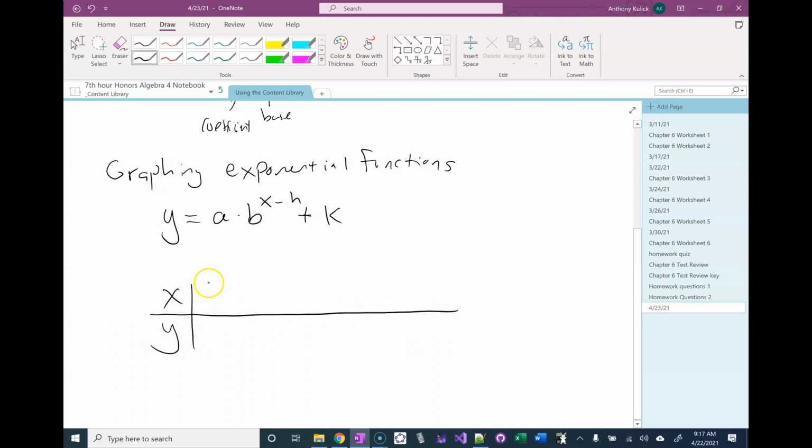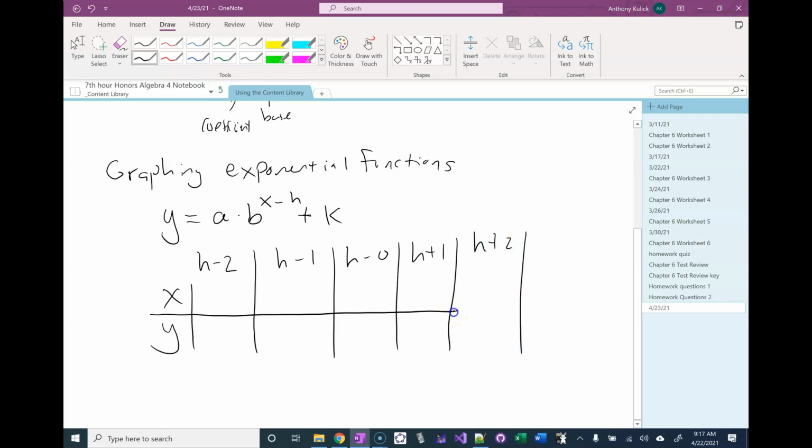So usually the way that I choose my x values is I'm going to do h minus 2, h minus 1, h minus 0, h plus 1, and h plus 2 is how I would choose my x values. And then to find the y values, I can just plug that in.